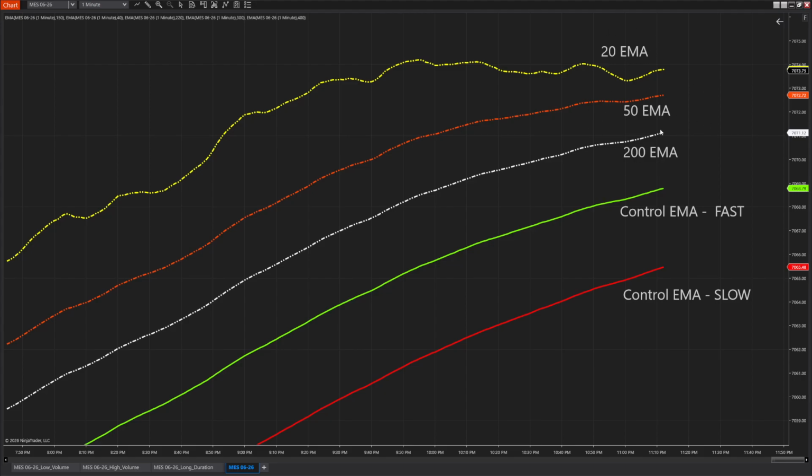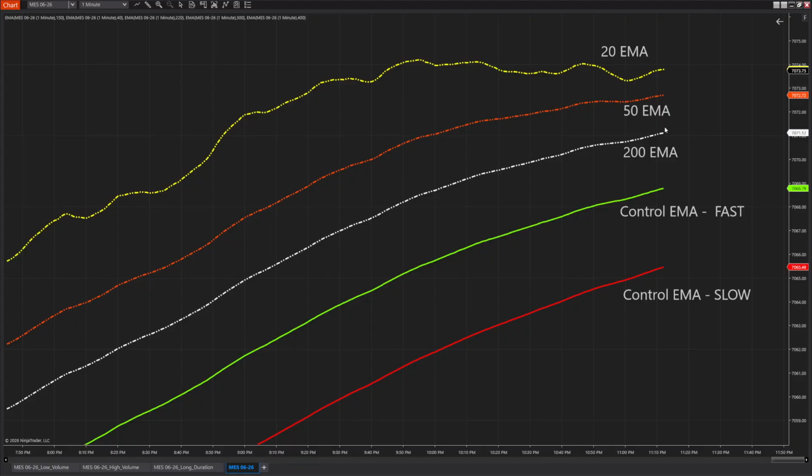The 20, the 50, and the 200 are typical resistance and support points, and these are good places to set limit trades if the conditions are right. So if we're finding resistance at the 20 to go long or higher, you would maybe set a limit near the 20 to try and start your trade there and go toward the direction that the forecast is telling you to go.